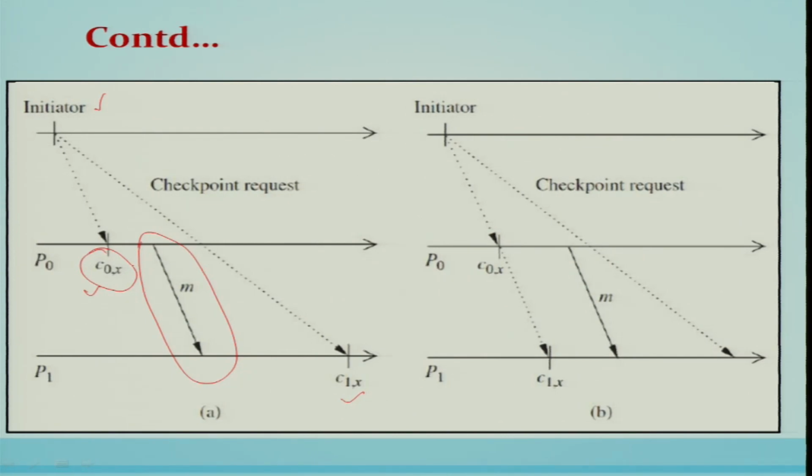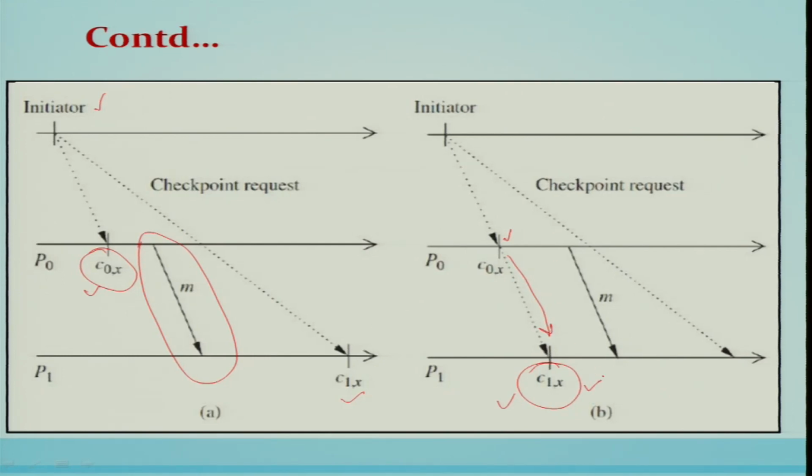So what is to be done here is that as soon as the checkpoint request is received and P0 is taking a checkpoint, it will send another message to the next process, that is P1, and this P0 message will reach before the initiator's request could reach, and this message will initiate P1 to take a checkpoint at this instance.